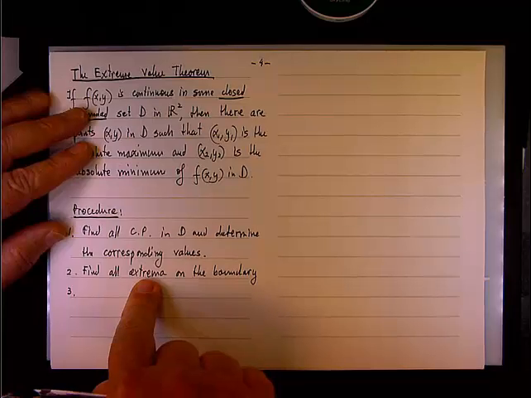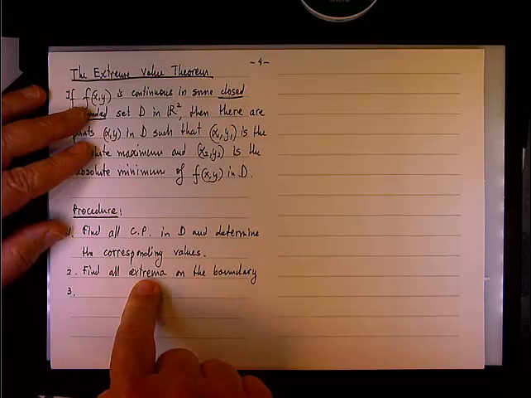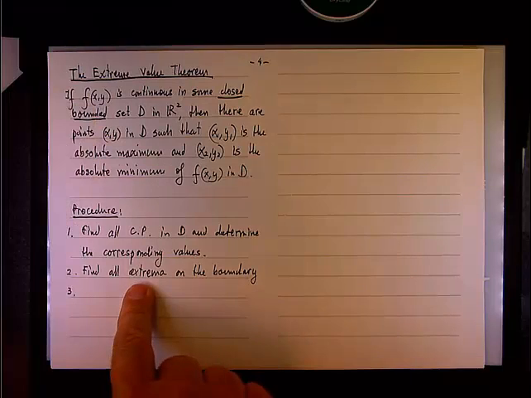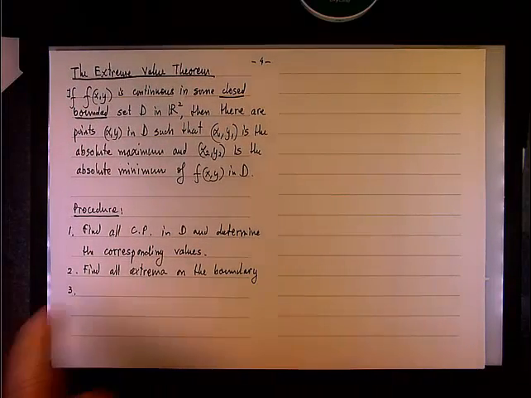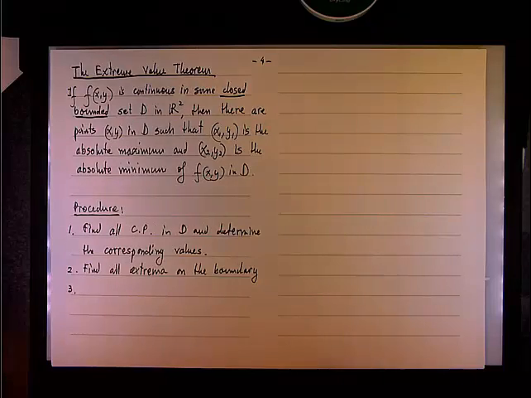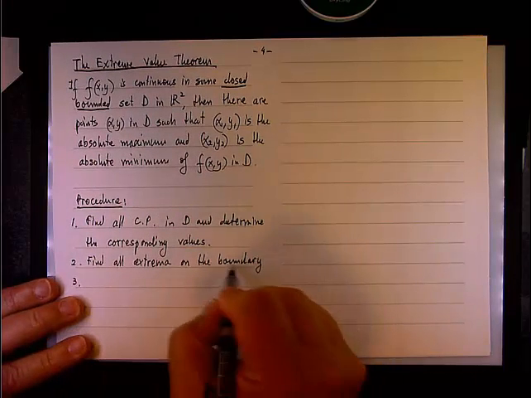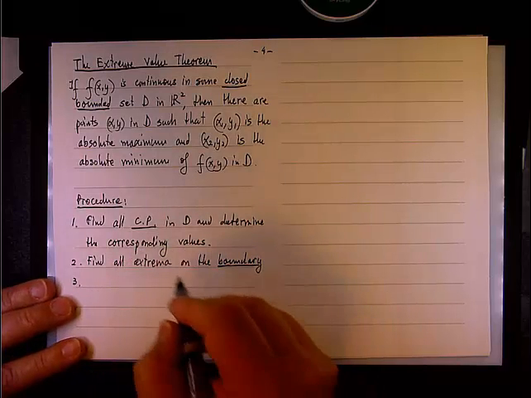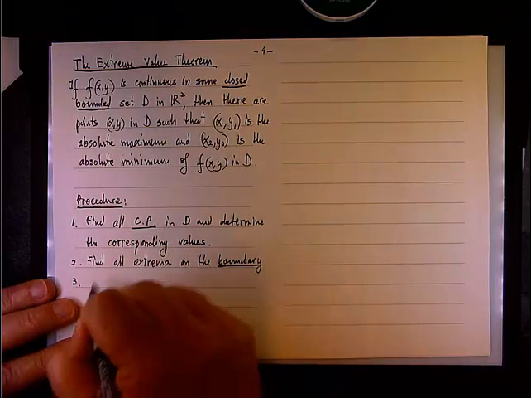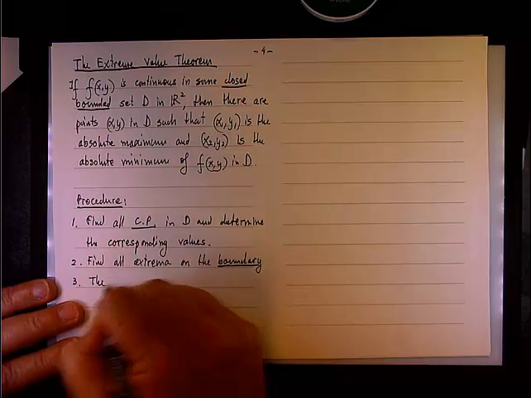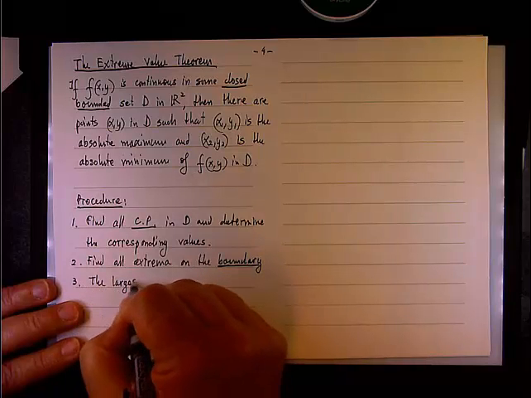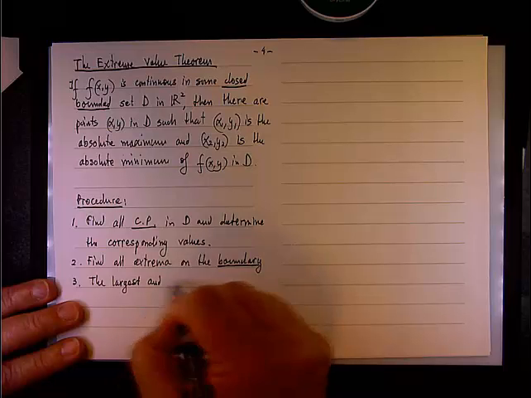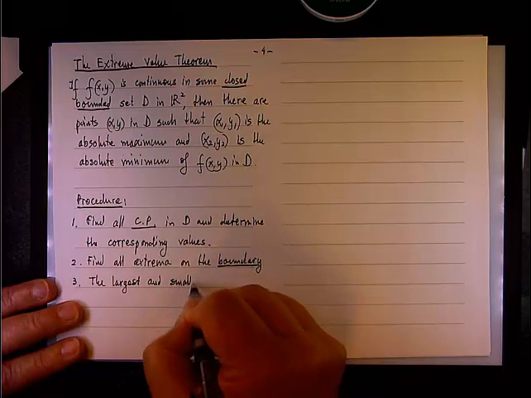You'll see in the next section we use a technique called Lagrange multipliers to simplify this particular task. For the time being, for part 2 we're going to use some technique from calculus 1. In other words, we're going to set up an equation in one variable that we find its maximum and minimum to find the extrema on the boundary.